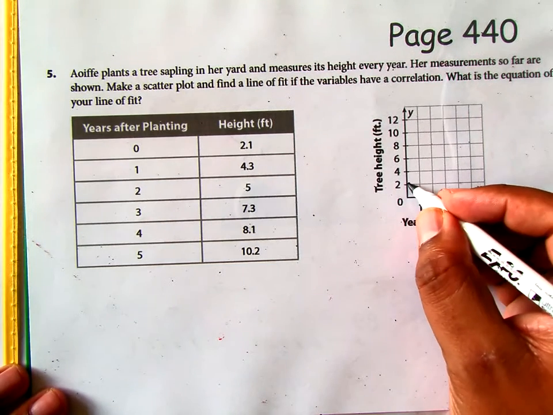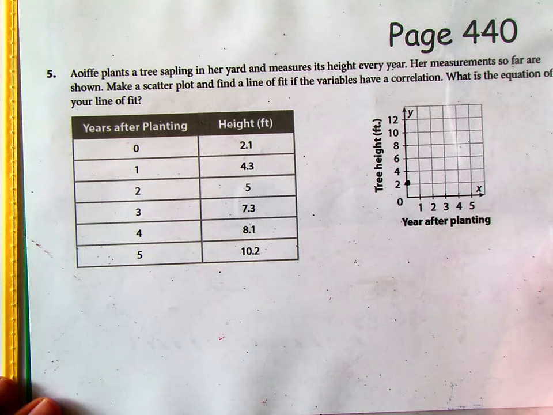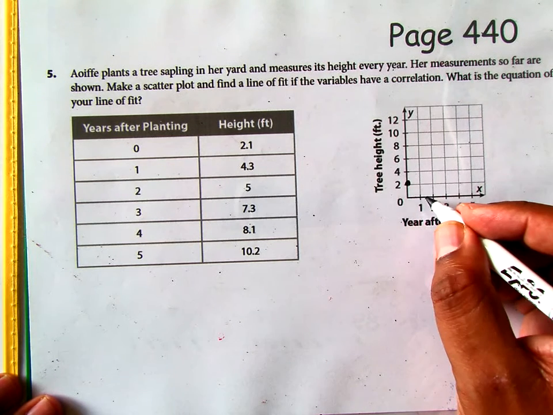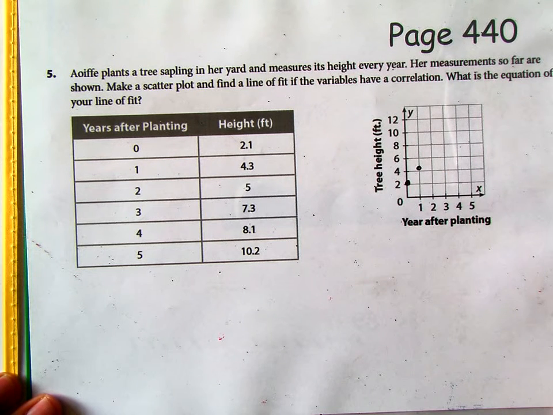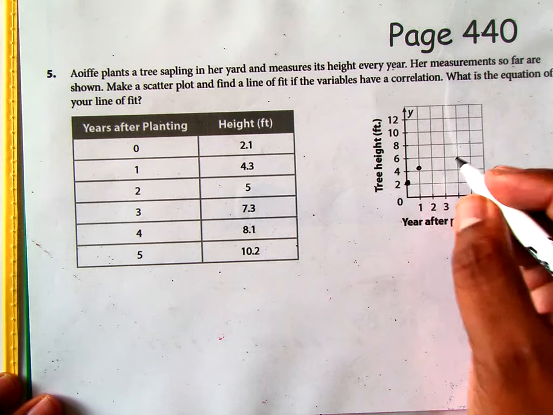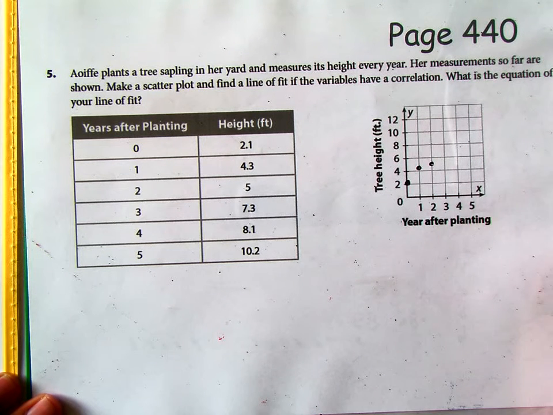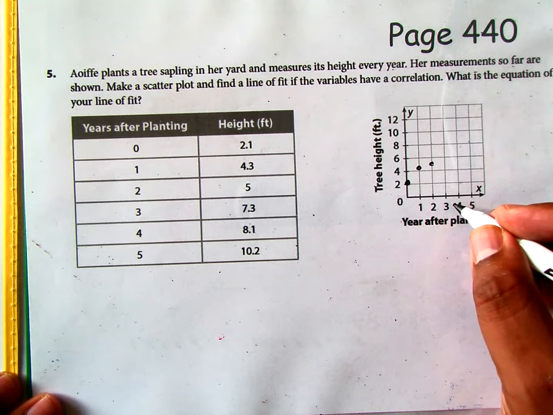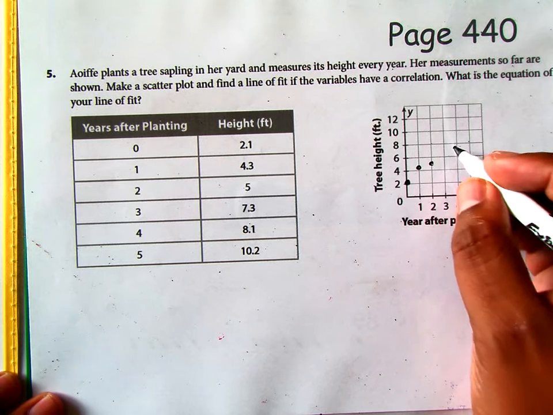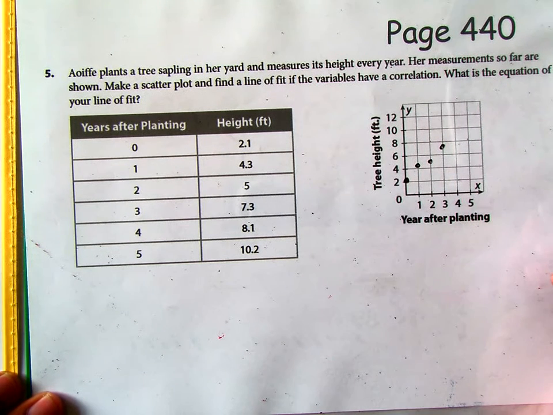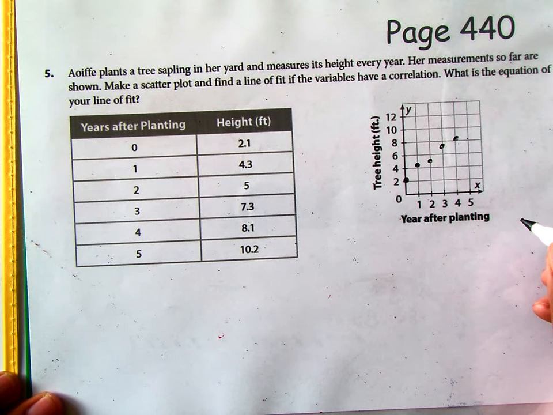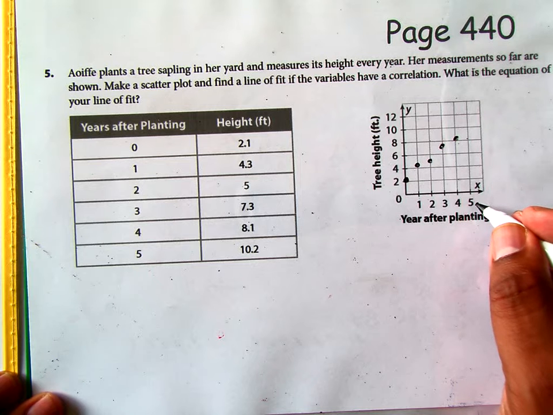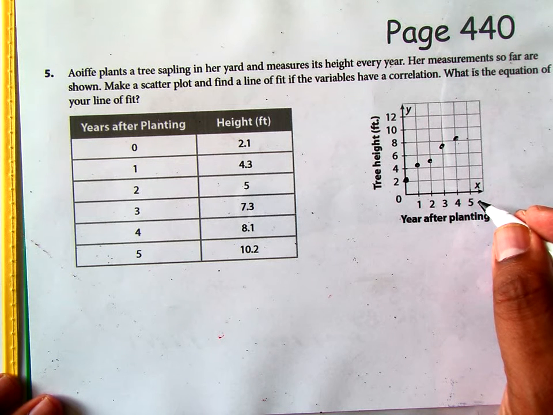So I'm going to go at 0 and 2.1. 1 and 4.3, 2 and 5, 3 and 7.3, 4 and 8, and 5 and 10.2.